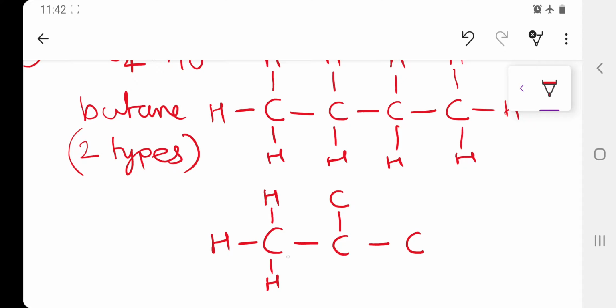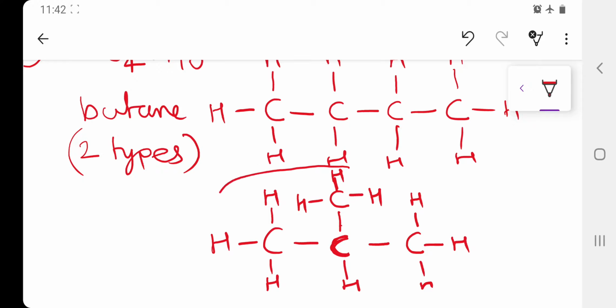This carbon will have 3 hydrogens, but consider this carbon, it has already completed 3 valencies, so there will be only one H. This carbon will have 3H, and this carbon will have 3H like this. Then this is another form of butane.